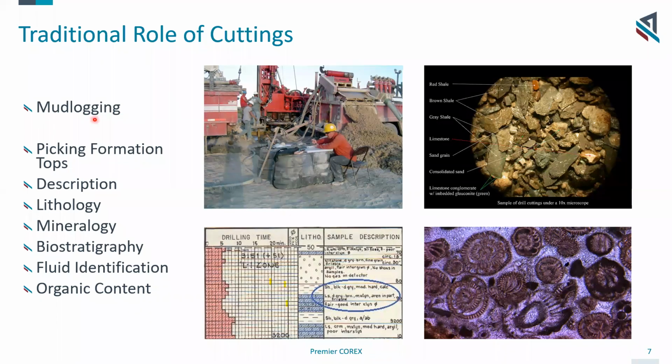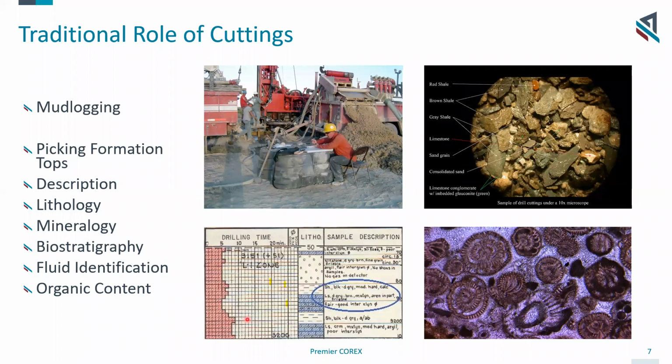The mud logger would be looking to pick out the formation tops, doing a description, brief lithology, maybe some mineralogy. Then samples would be used for biostratigraphy and possibly fluid identification and organic content. So through a description, and then maybe some analytical work.